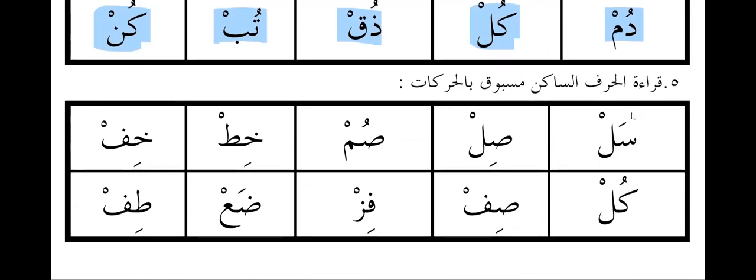Okay, so now we have the same exercise, but now it's mixed up with fatha and a kasra or dhamma coming before the sukoon. So again, I'll just highlight it and then you read it. Sal, sil, sad. And again, make sure we pronounce these two differently, the seen and the sad.